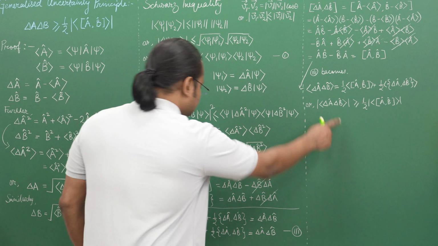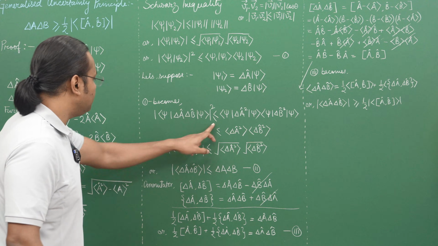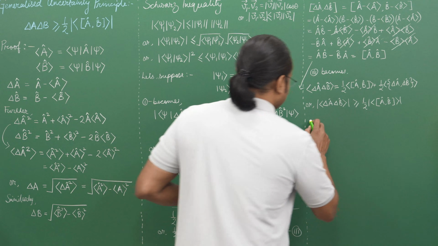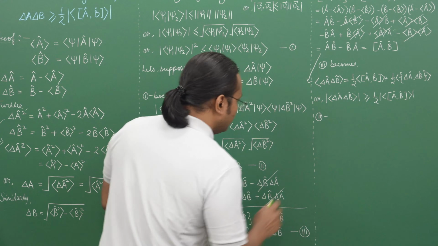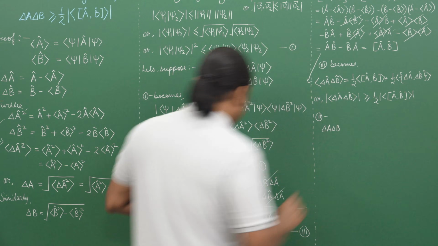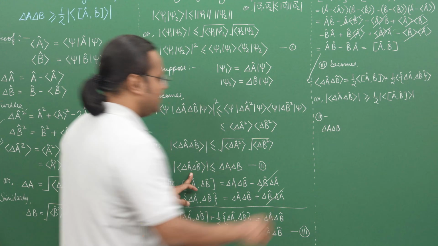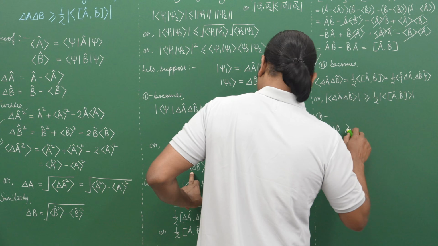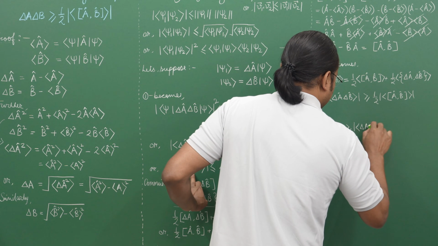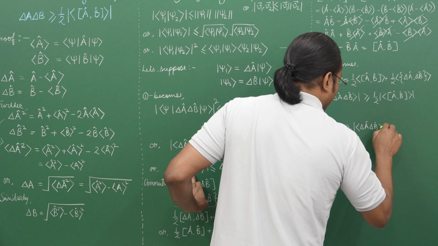Now I want to combine this with this particular expression that we had obtained earlier, where also there is a mod. Okay, so if I write this in this manner, so let's say point number 2 now becomes del A del B, which is the uncertainty of A and B, is always greater than equal to this expression, always greater than equal to the mod of the expectation value of del A del B, right?